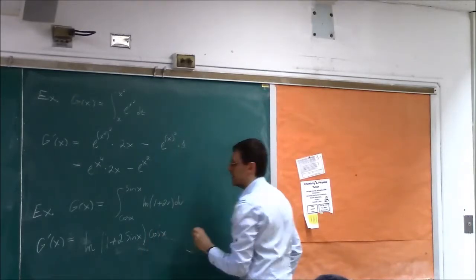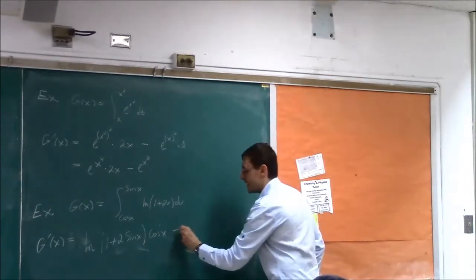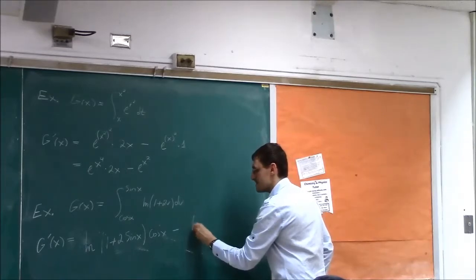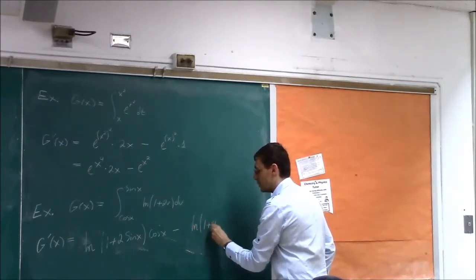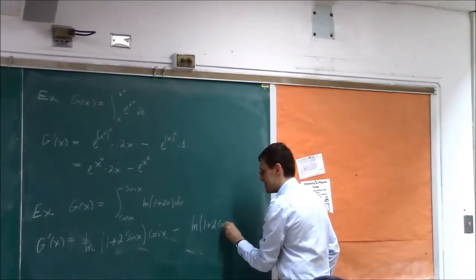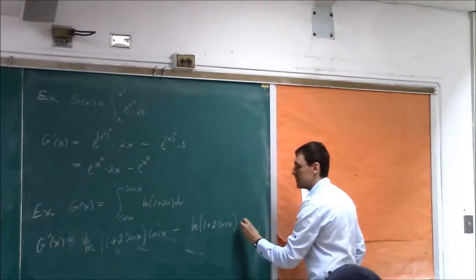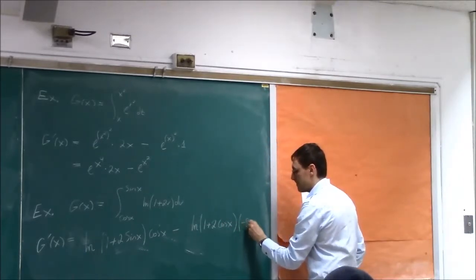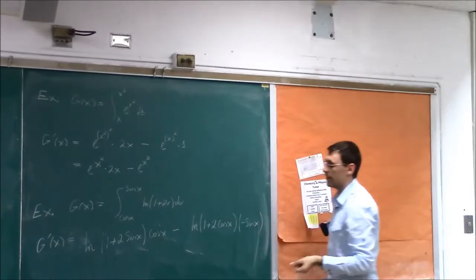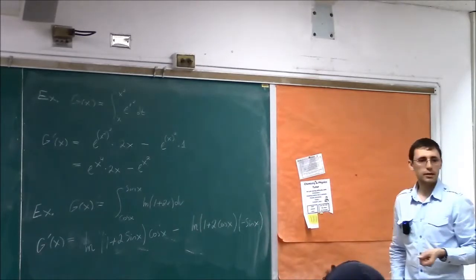Cosine x, yes, then minus ln of 1 plus 2 cosine x times... easy, very quick. Okay?